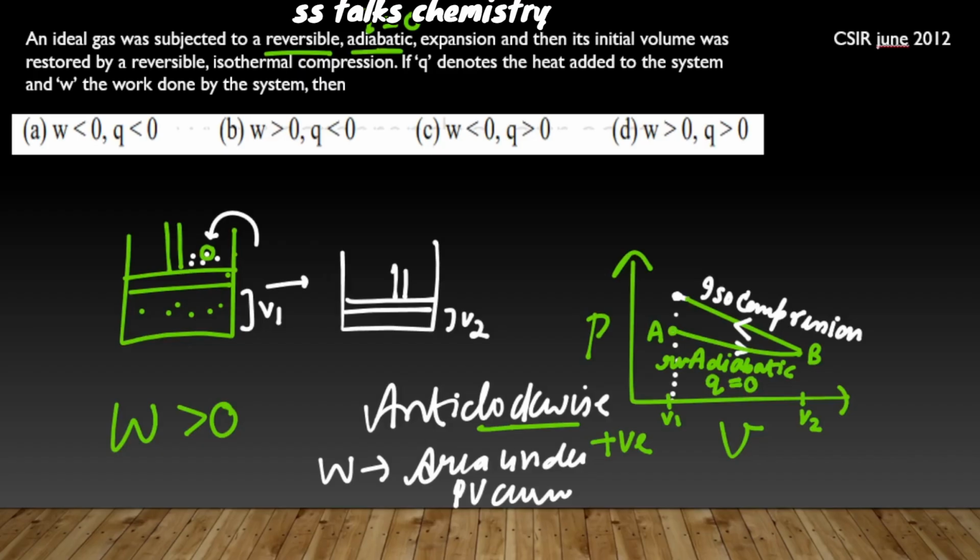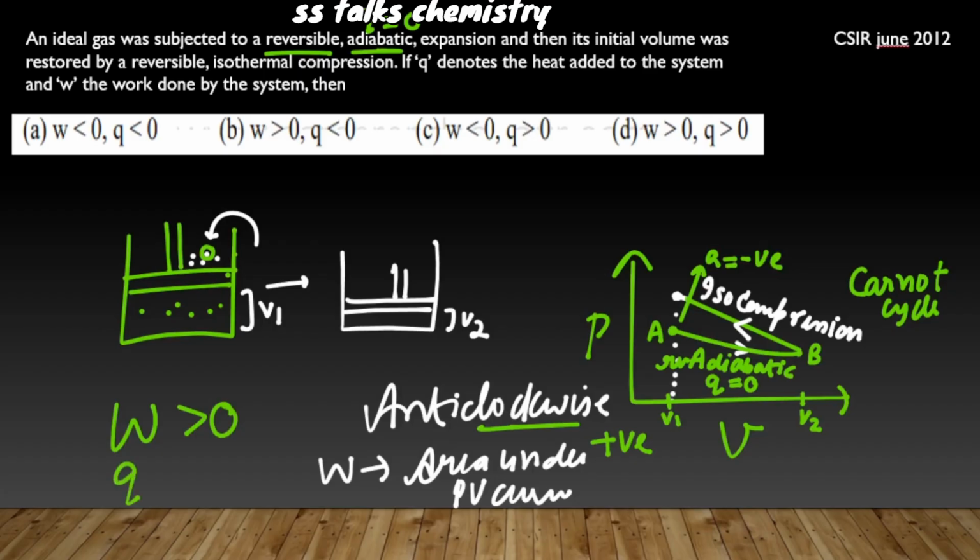Now in the Carnot cycle you have learned that for the isothermal expansion heat is given to the system, but during the isothermal compression the heat is given out by the system. So this is going to give out heat. That means Q is negative in this case, right?